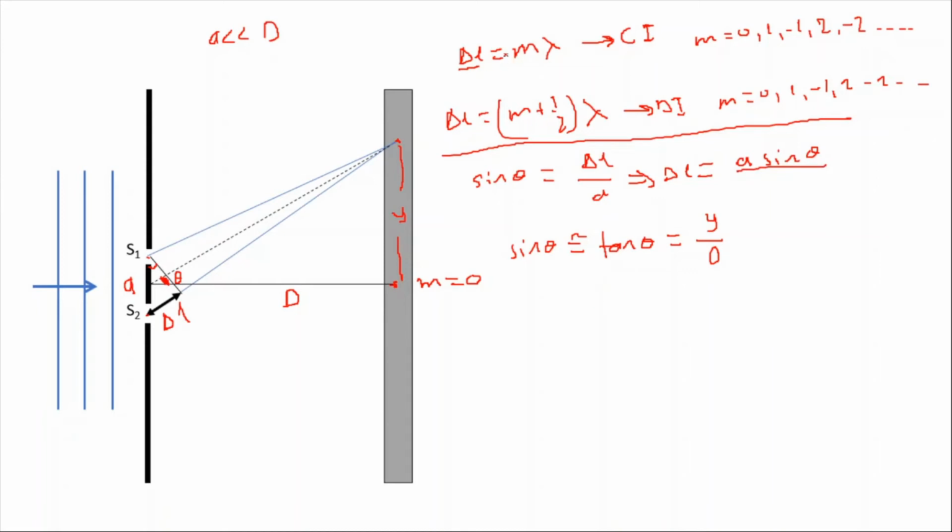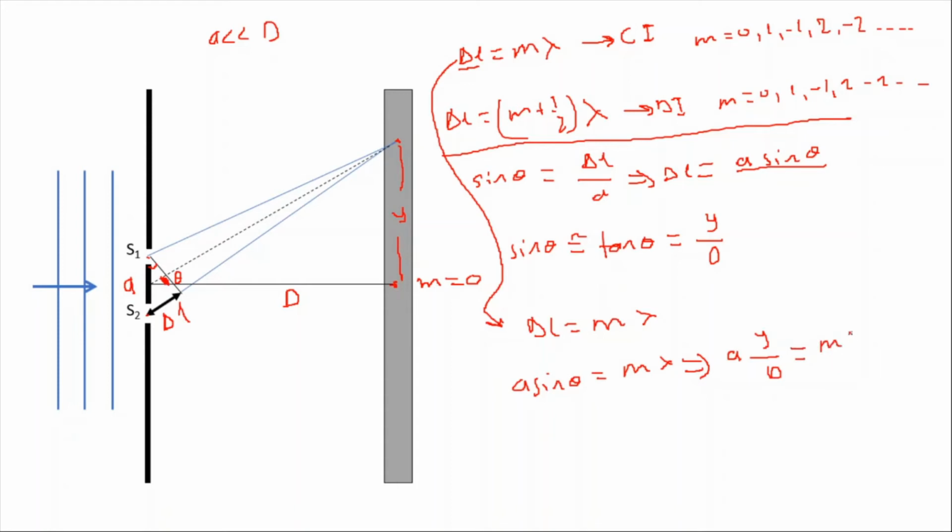So let's write this formula here. Delta L is equal to m lambda. Instead of delta L, I'm going to write a sine theta. A sine theta is equal to m lambda. From here, instead of sine theta, I can write y over d. So a times y over d is going to be equal to m lambda.